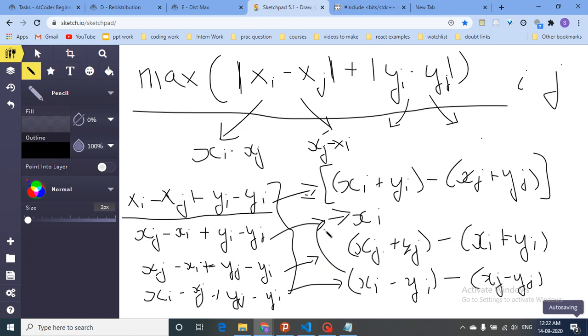So what you can easily say here is, if you want to maximize this value, how can you maximize it? Find the summation of xi and yi over all the coordinates. You are given some n coordinates, so find x1 plus y1, x2 plus y2, x3 plus y3, and so on. Then if you subtract the smallest value from the largest value, you get the maximum possible value of this expression.